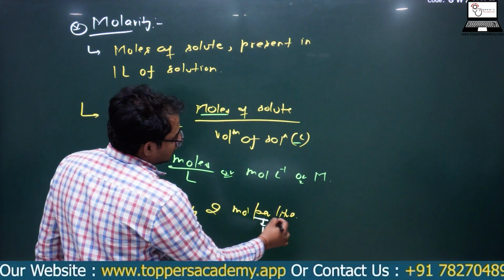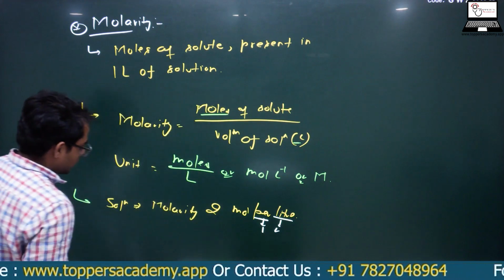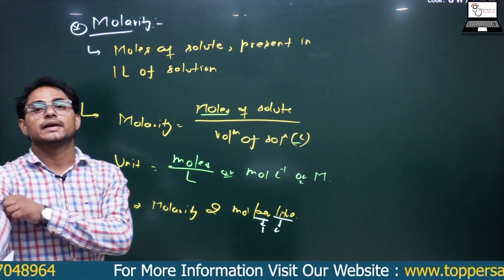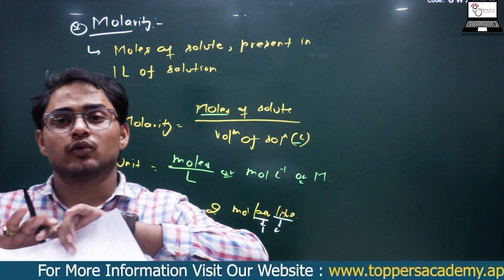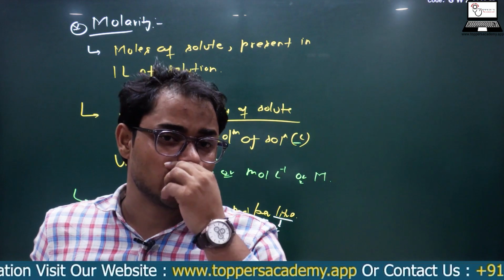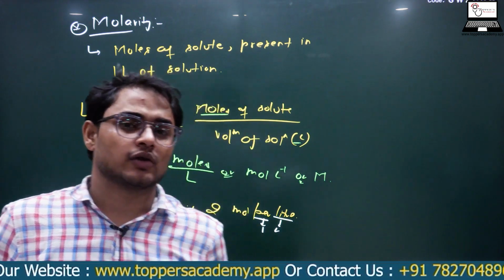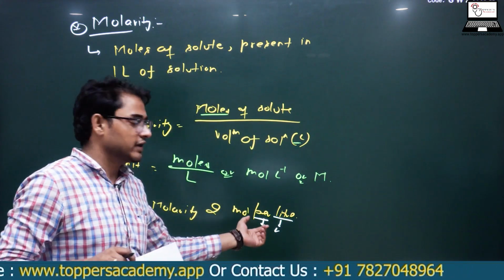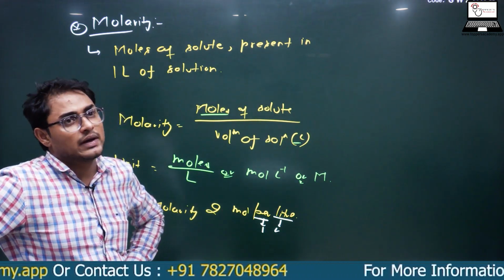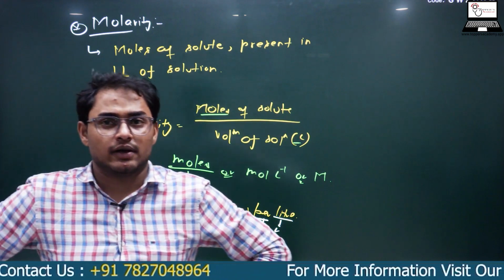It means 1 liter. If you take 1 liter of a solution having molarity 2 mole per liter, that 1 liter of solution is going to contain 2 moles of solute, right?